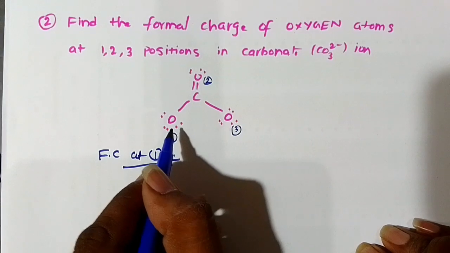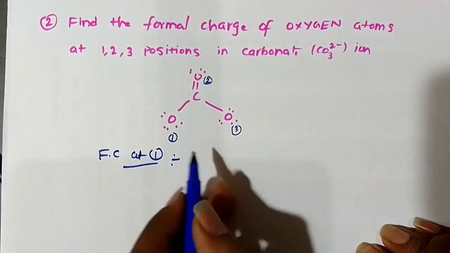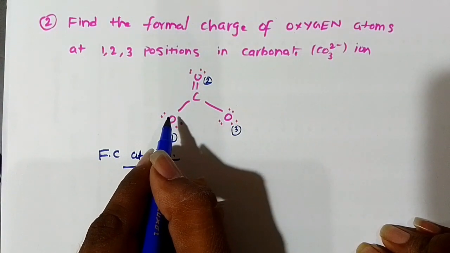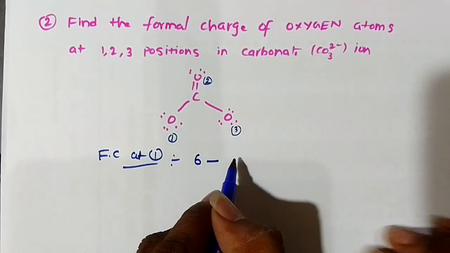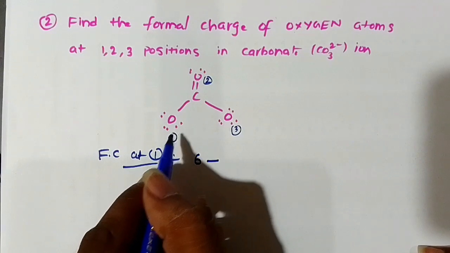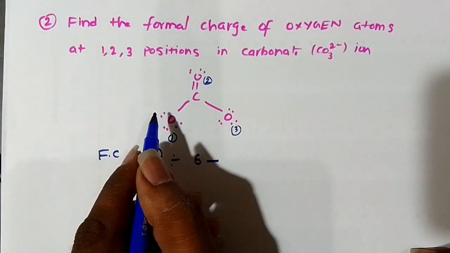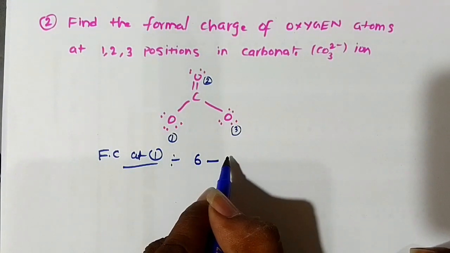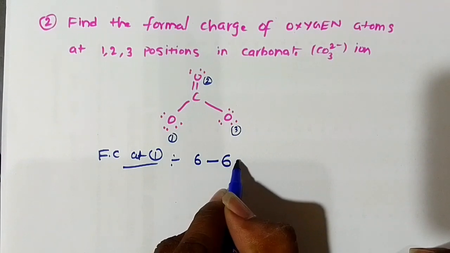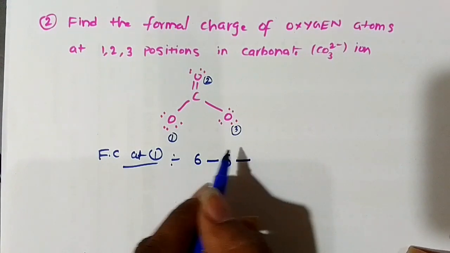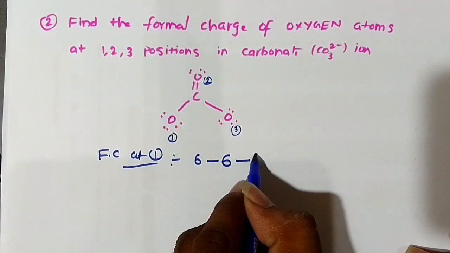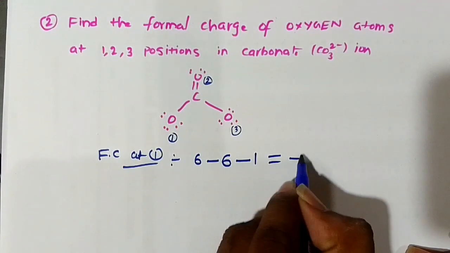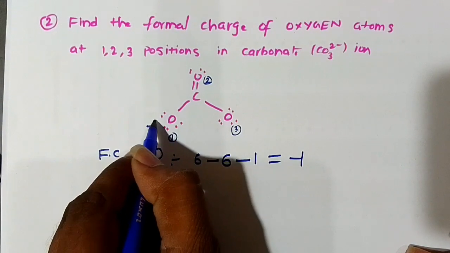Number of valence electrons on this oxygen atom: it belongs to 6A group, that means 6 valence electrons, minus number of lone pairs of electrons. There are 3 lone pairs, that means 6 electrons, minus number of bonds around the oxygen atom. This oxygen atom is attached to one bond, that means 6 minus 6 minus 1 equals minus 1. The formal charge is minus 1.